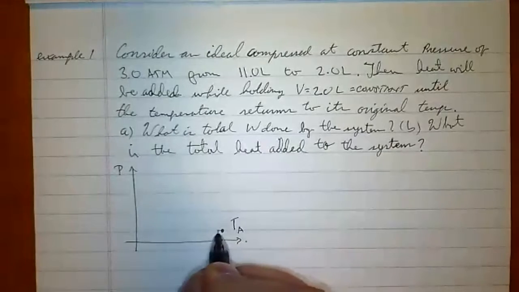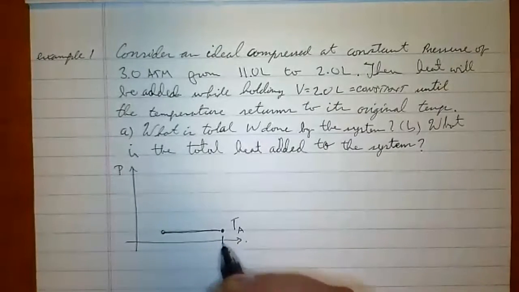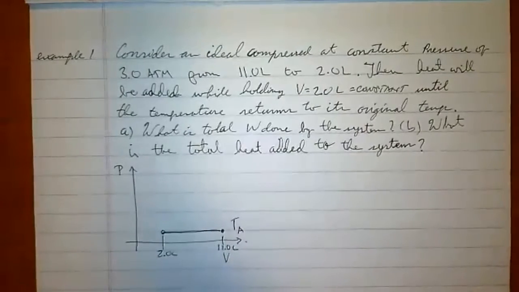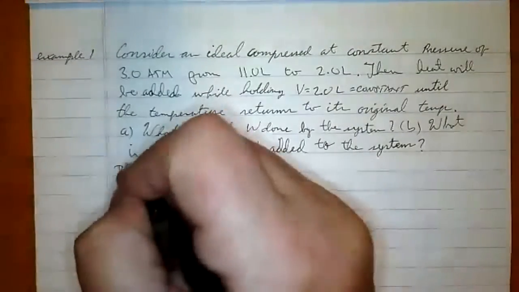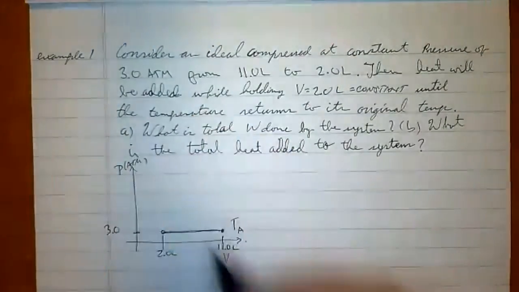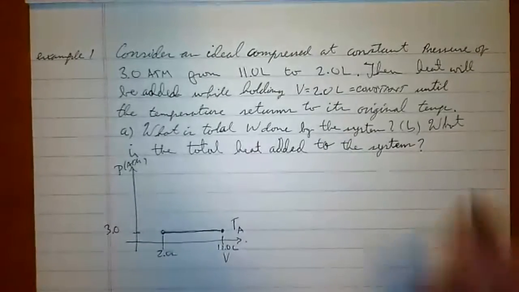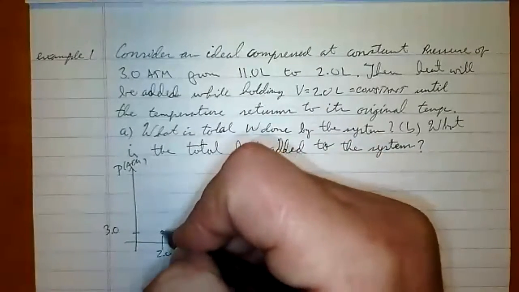And at constant pressure, it's going to go from 11.0 liters to 2.0 liters, at the constant pressure of 3 atm. Then it's going to rise, holding the volume constant, so it'll be a vertical line.